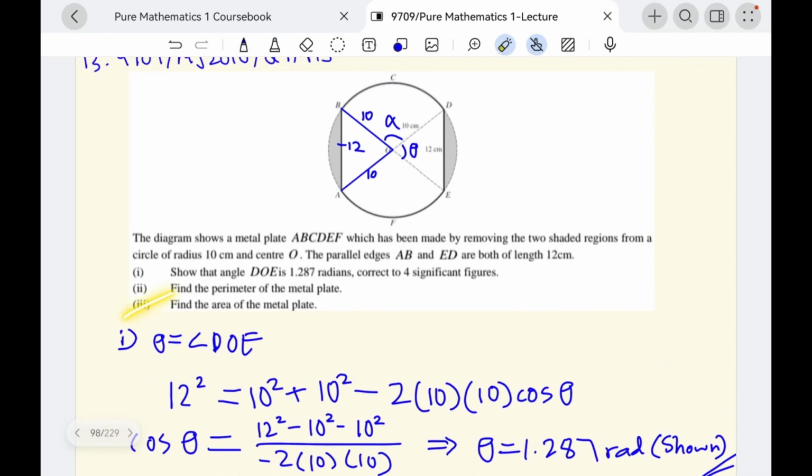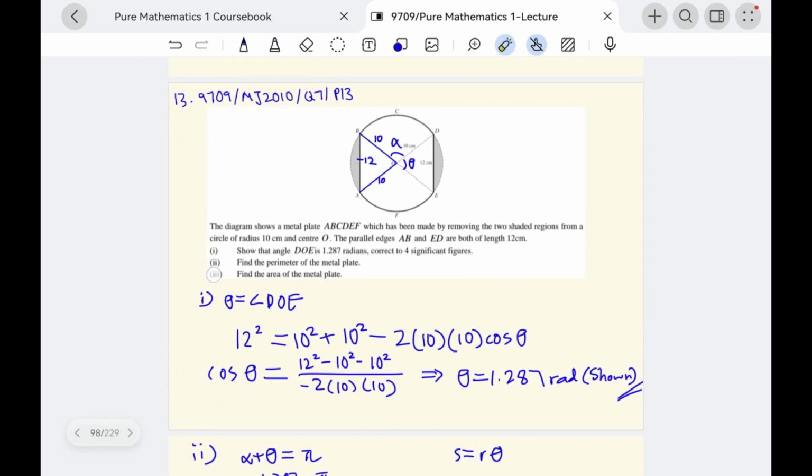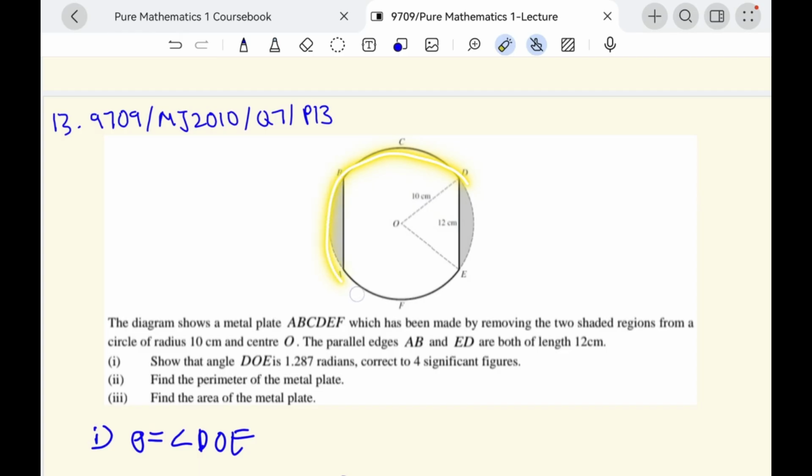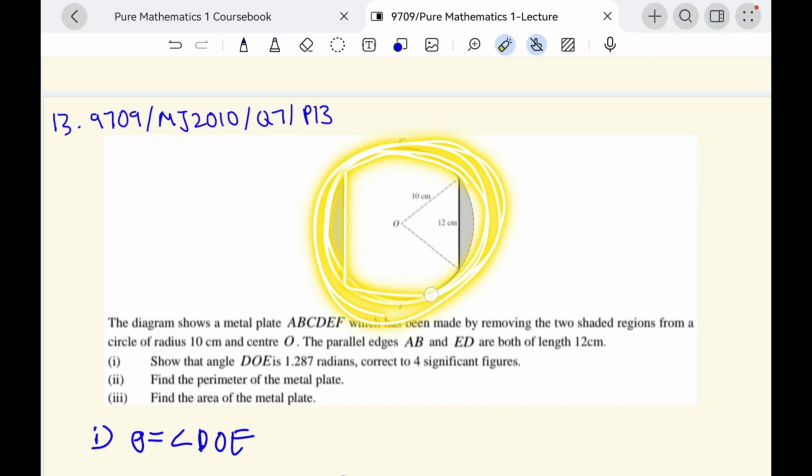Find the area of the metal plate. So how do we get the area of the metal plate? If you are good at visualization, it's actually the same theory as the previous question that we discussed. Here is the area of the whole circle, right? But how do we get the area of this?